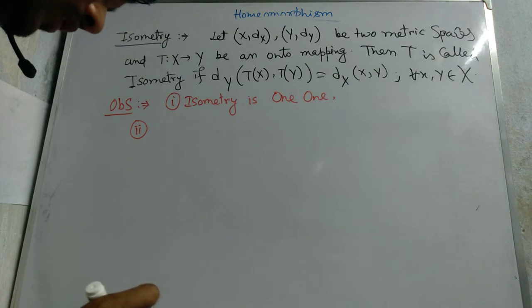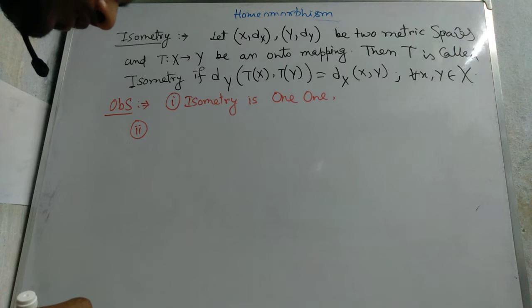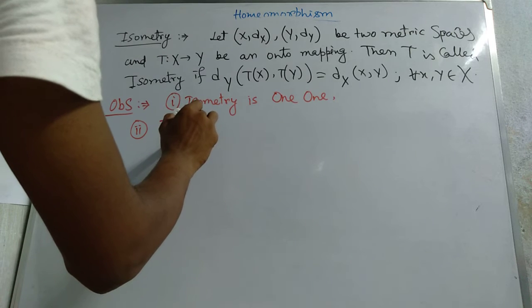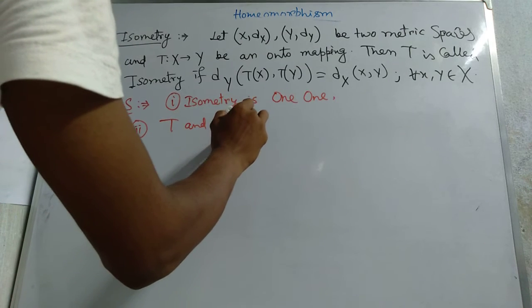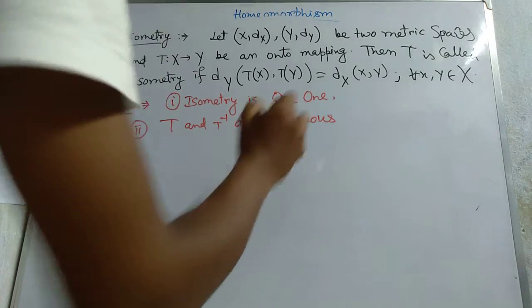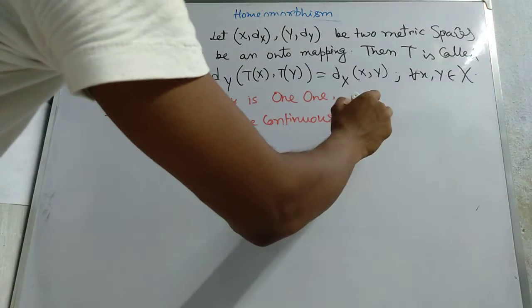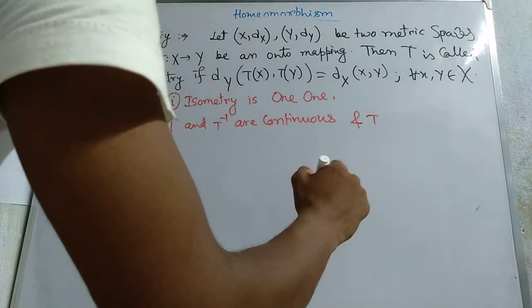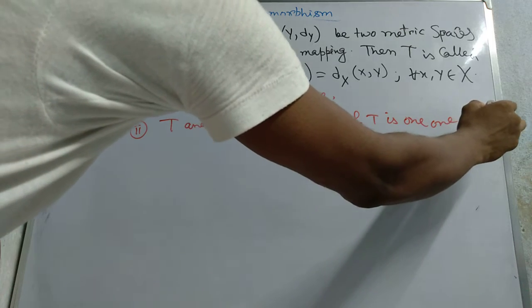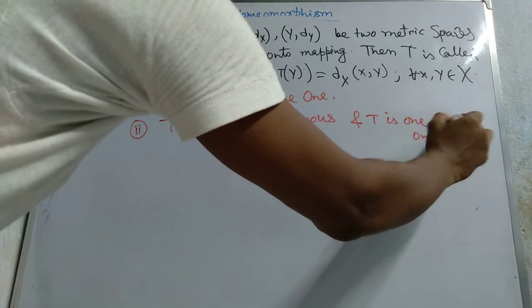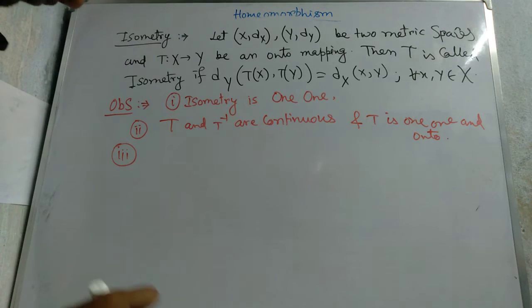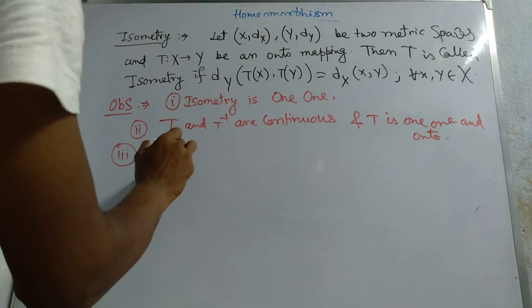Number 2: T and T inverse are continuous and T is one-one and onto. So T is a homeomorphism.